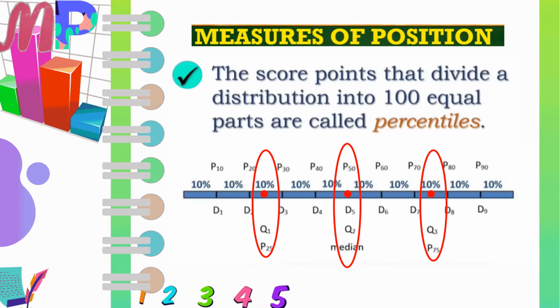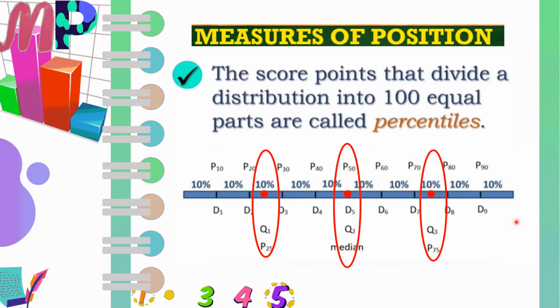Further, P sub 10 is equal to D sub 1, P sub 20 is equal to D sub 2, P sub 30 is equal to D sub 3, P sub 40 is equal to D sub 4, which must all be true to the other deciles and corresponding percentiles.